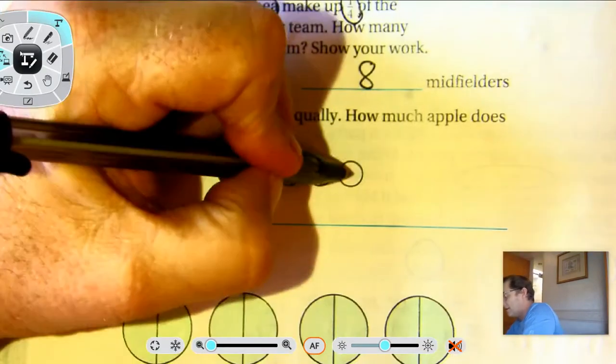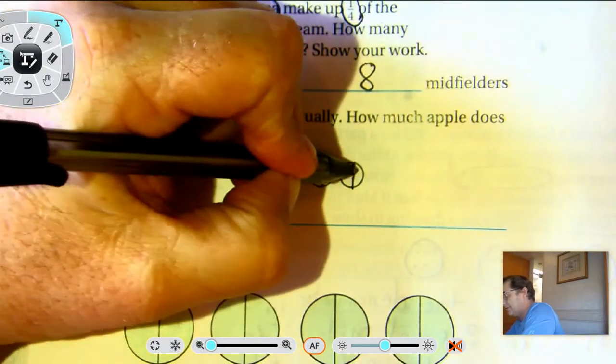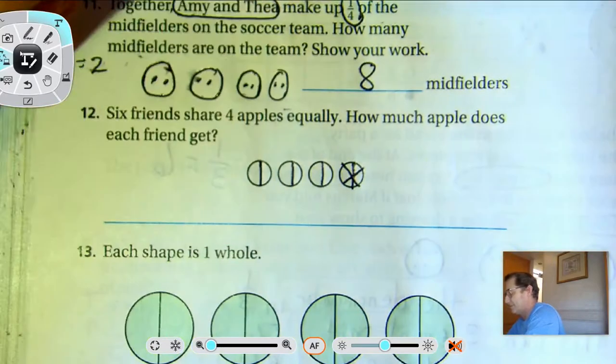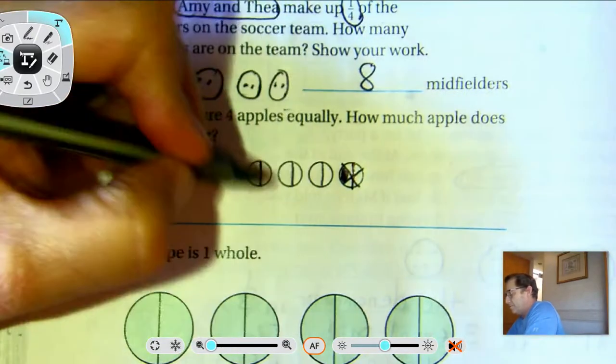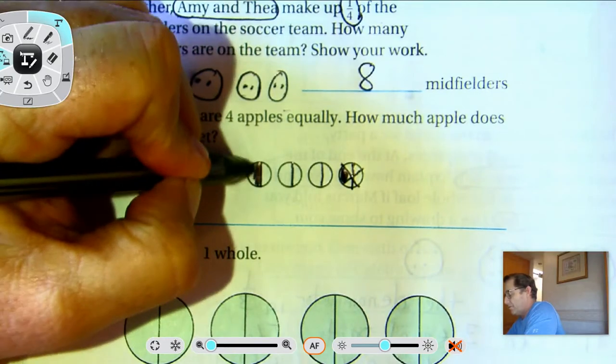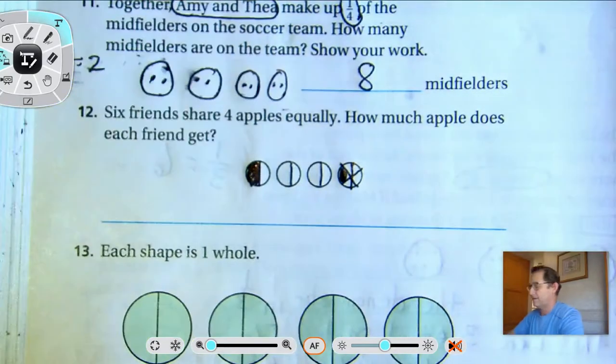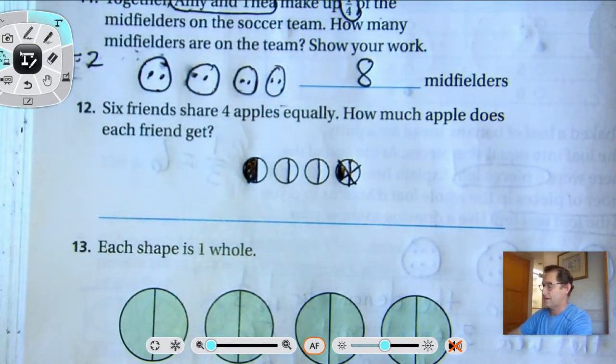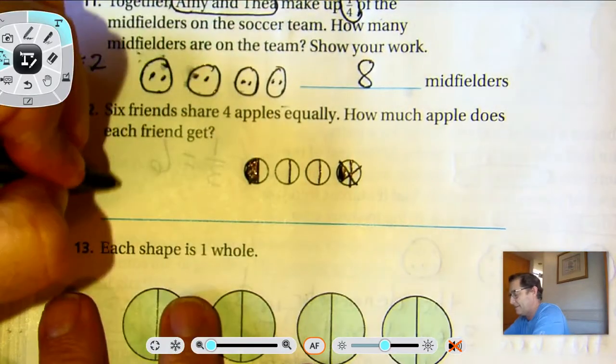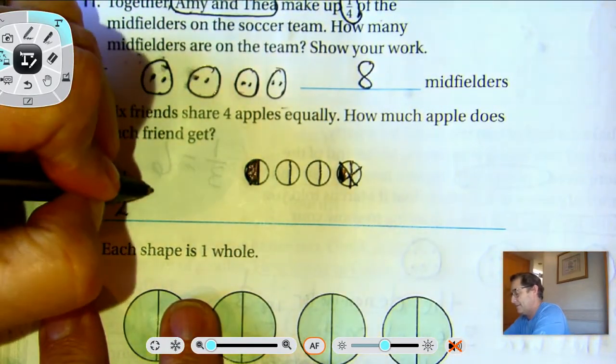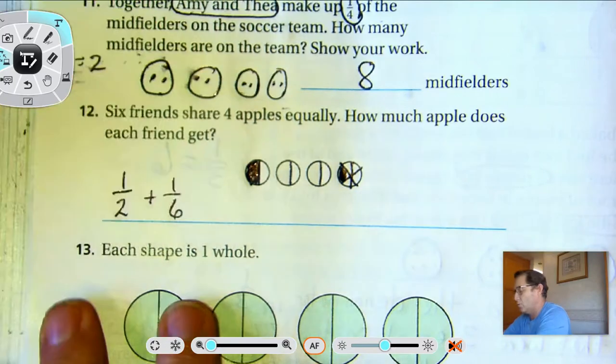And then the last one, I would split into 6 equal pieces. And so if I was one of the friends, I would get half plus 1/6.